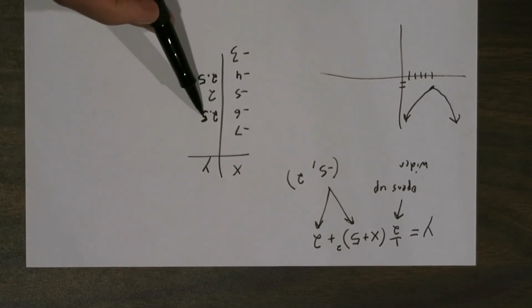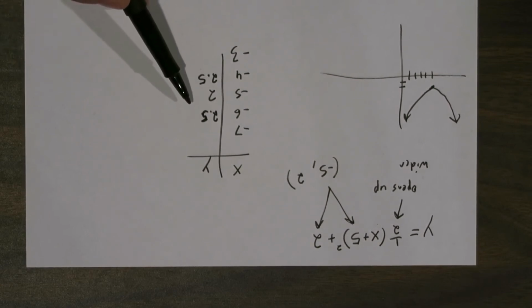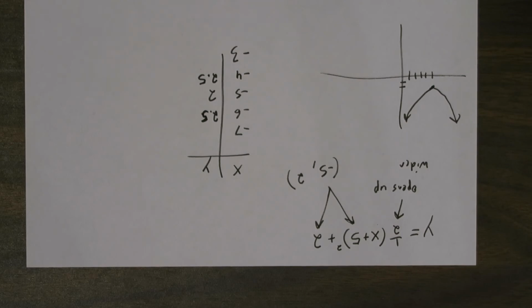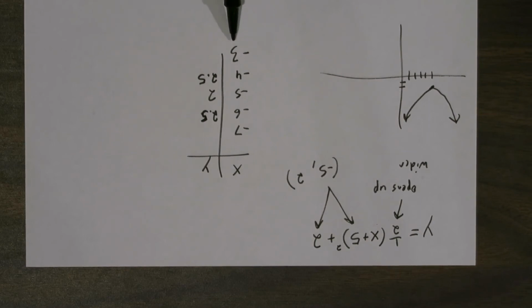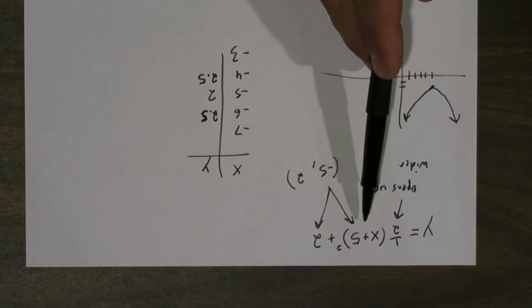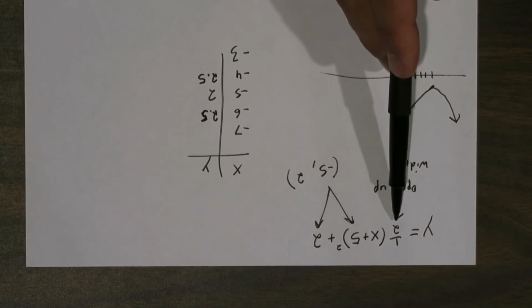Now it's kind of a bummer to not have integers here. They're harder to graph because they're not what's called lattice points. So I wonder if there's inputs we could choose that would cause the outputs to be integers. Like let's try this -3. -3 plus 5 is 2. 2 squared is 4. 4 times 1/2 is 2.